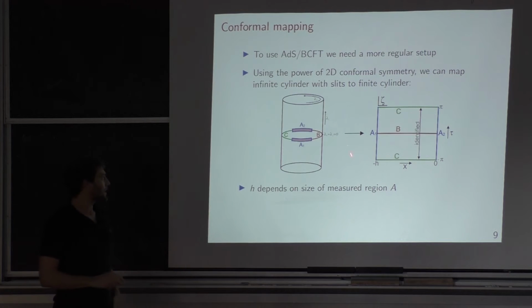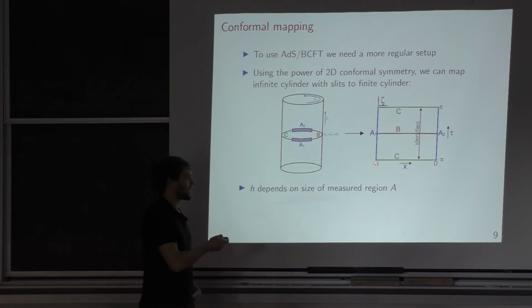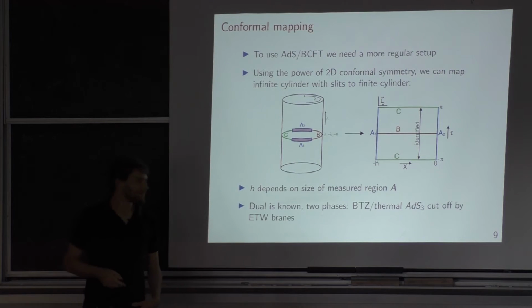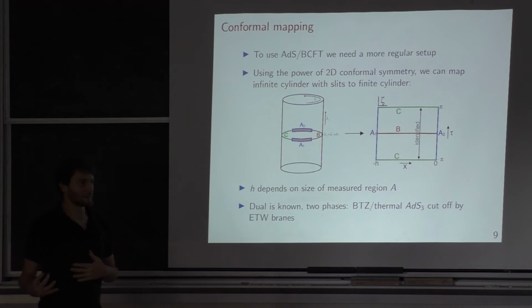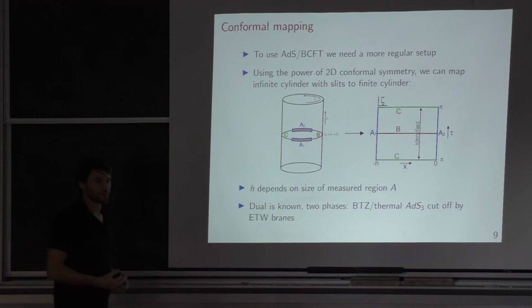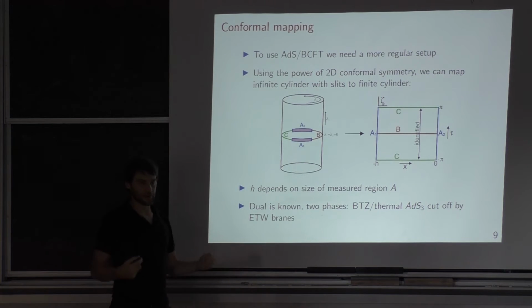Now, once you have this setup, if you want to study the holographic dual, this is much simpler. This can be reinterpreted as a CFT on an interval at finite temperature, and the dual of that is known, and is given either by the BTZ black hole or by thermal AdS3 spacetime cut off by end-of-the-world branes.